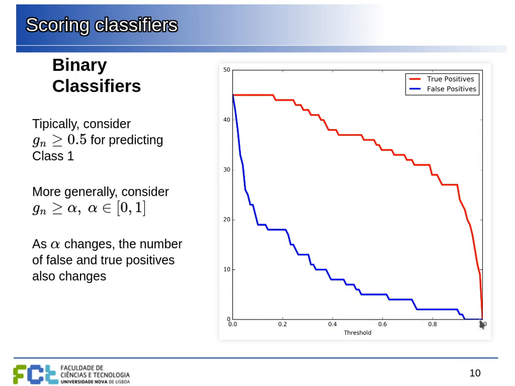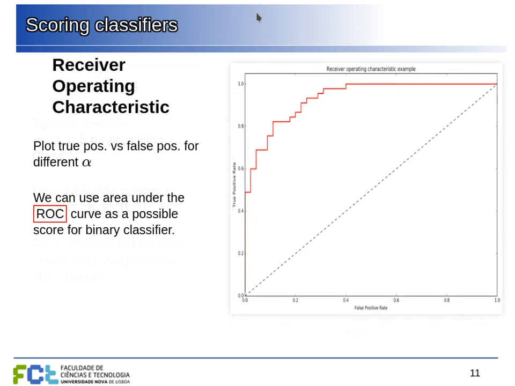We make no mistakes on this case because we are considering everything to be class 0, but we also have 0 true positives because we are being so demanding that we don't classify anything as class 1. So you can see intuitively that when we look at this progression here, the greater the distance between these two lines, the better our classifier is, because the more true positives we can get after reducing the amount of false positives. So this is the idea of the receiver operating characteristic.